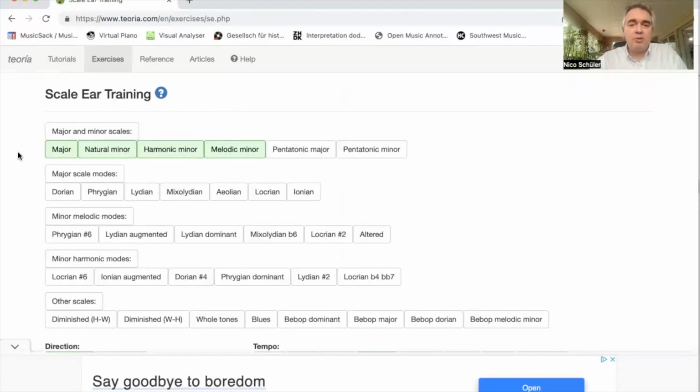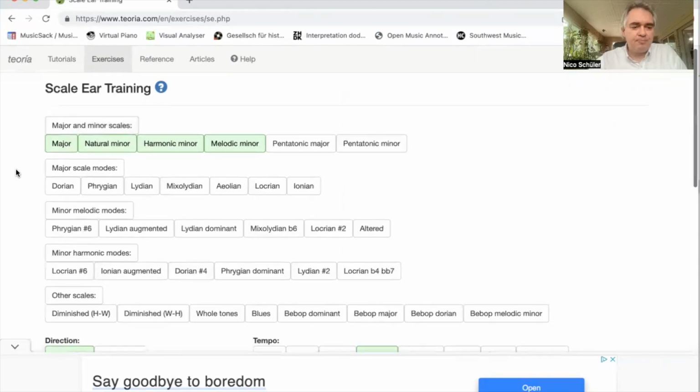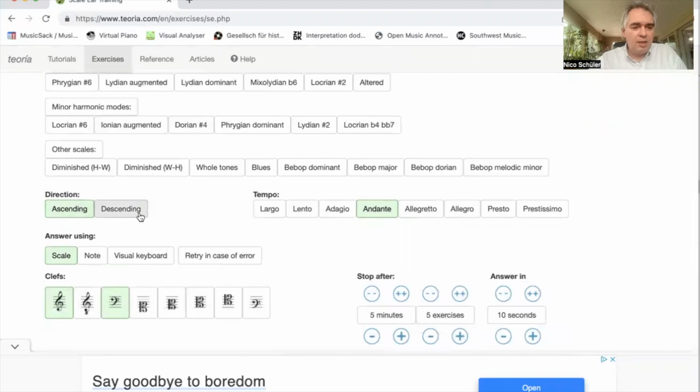And so this video primarily dealt with major and minor scales, and there are three forms of minor: natural minor, harmonic minor, melodic minor. So you need to click on them so that these four are green. And then you can choose the direction.